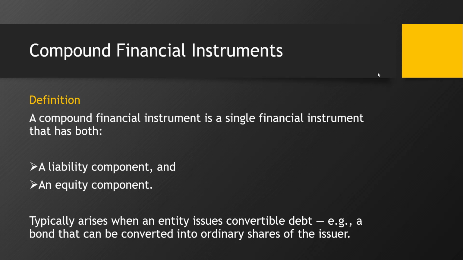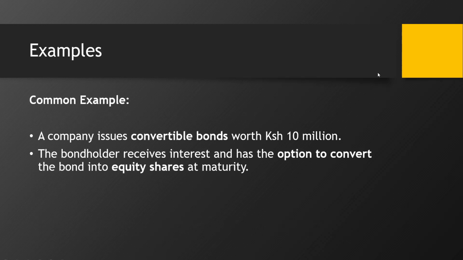An example of a compound financial instrument is when a company issues a convertible bond worth 10 million shillings. The bondholder will receive interest, and the bondholder will also have the option to convert that bond into equity shares on maturity.